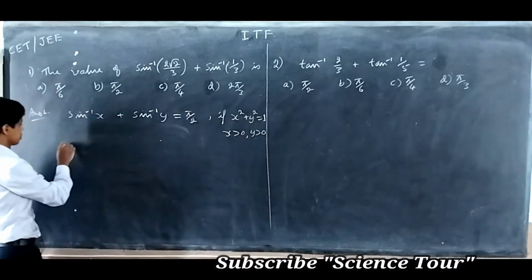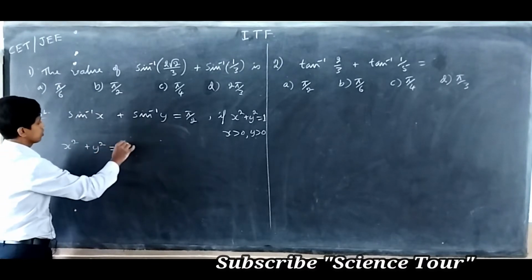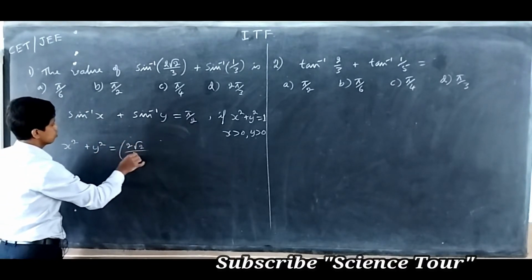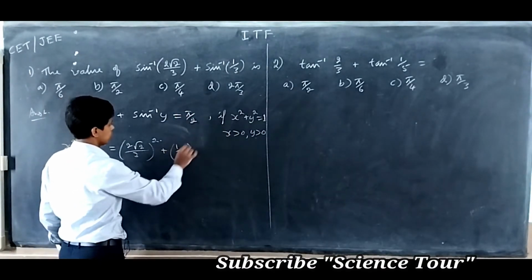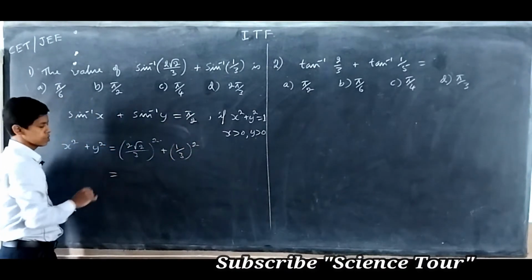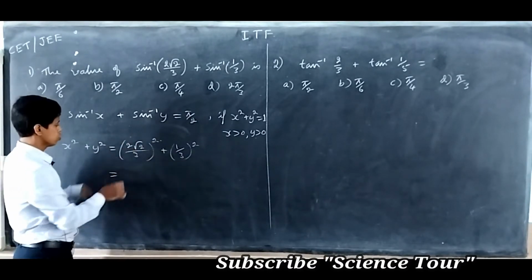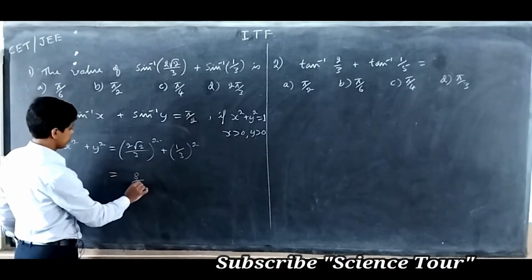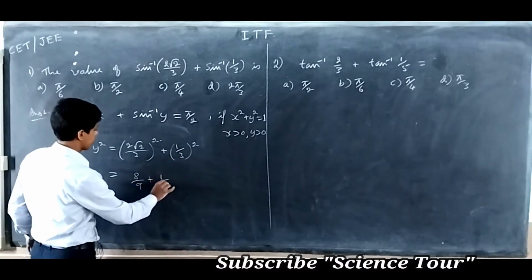So what is x square plus y square? That is 2 root 2 by 3 whole square plus 1 by 3 whole square. So now understand, 2 square 4 into 2, that is 8 divided by 9, plus 1 square 1, 3 square 9.